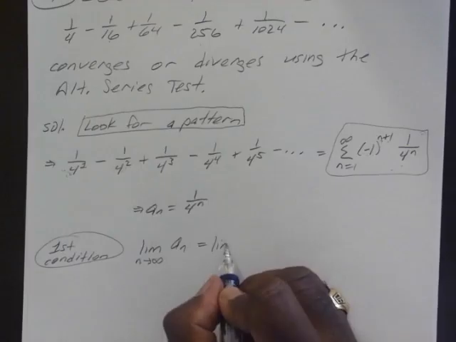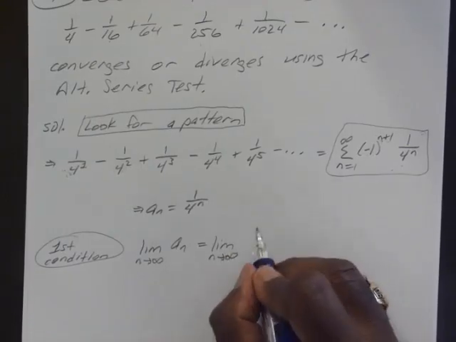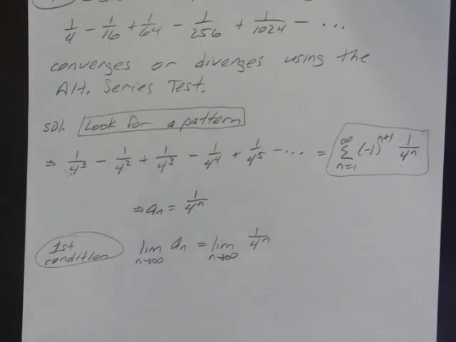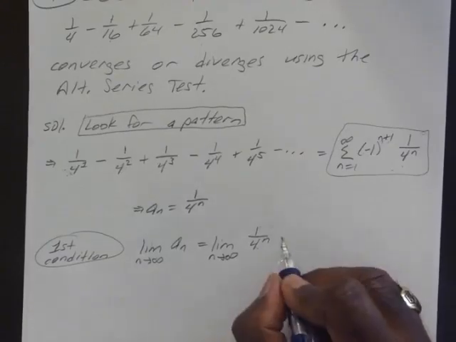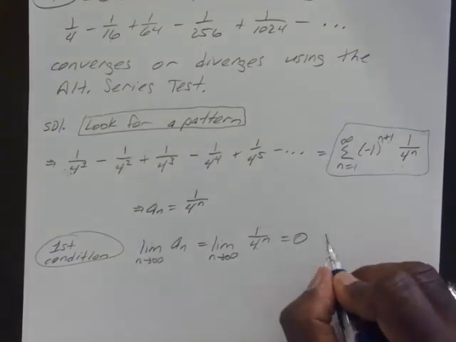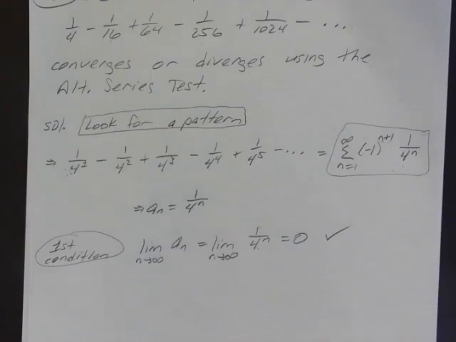So that's equal to the limit as n approaches infinity of 1/4 to the power of n. Well, we can see there we have a constant divided by a number that's getting bigger and bigger and bigger, so we know that that limit is always going to equal 0. So the first condition is passed.